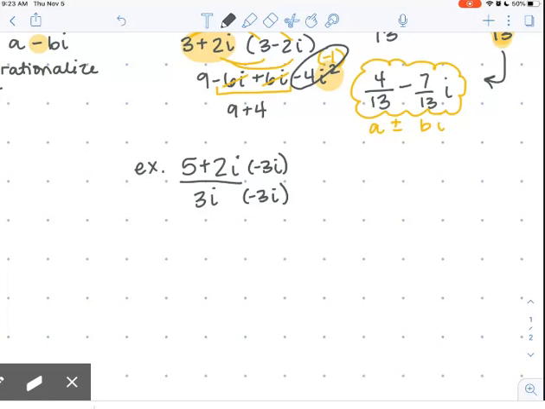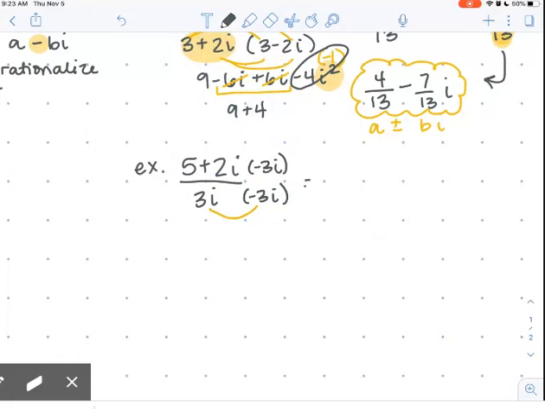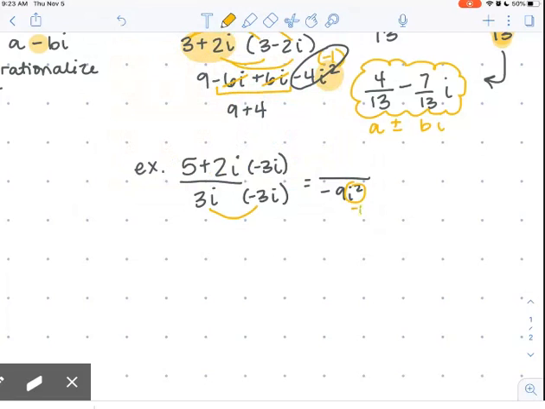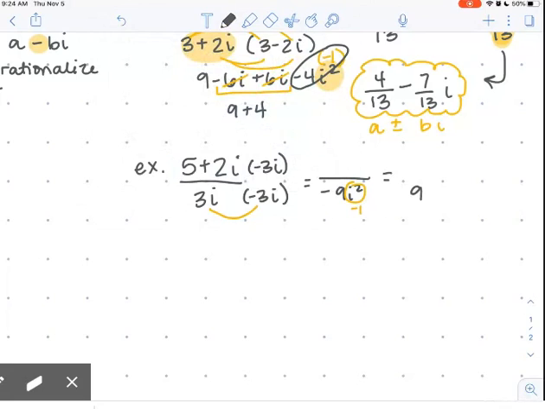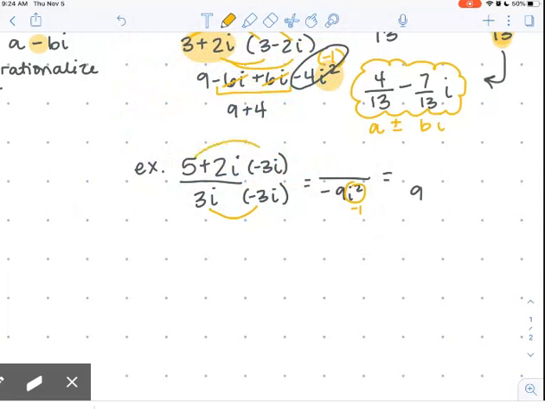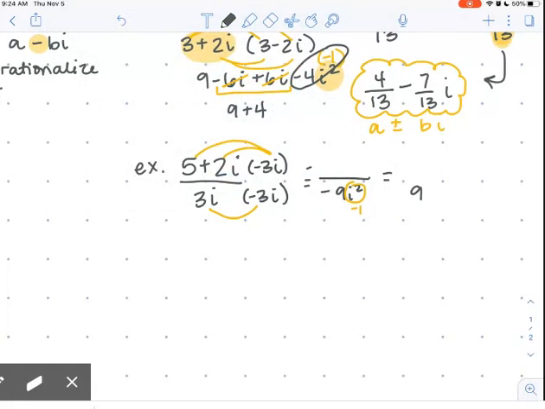So when we multiply these together, I'm just doing 3i times negative 3i. Down here, I get negative 9i squared. i squared is really a negative 1. So negative 9 times negative 1 is a positive 9 on the bottom. And then on the top, I distribute negative 3i. So 5 times negative 3i is negative 15i, and 2i times negative 3i is negative 6i.